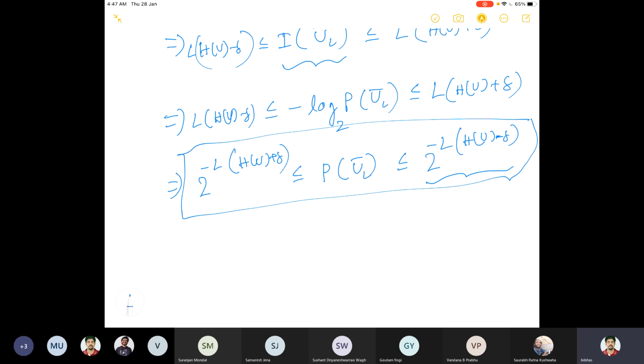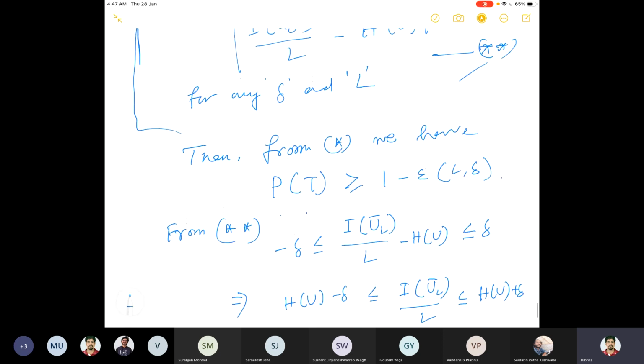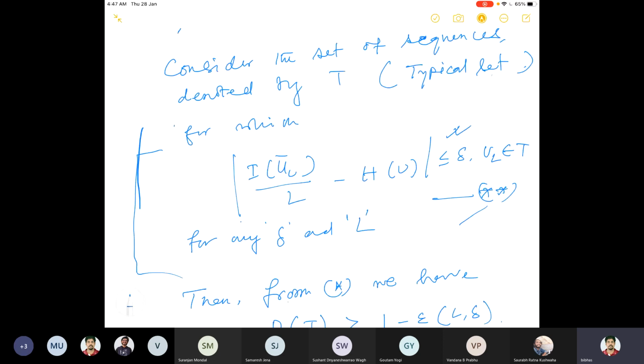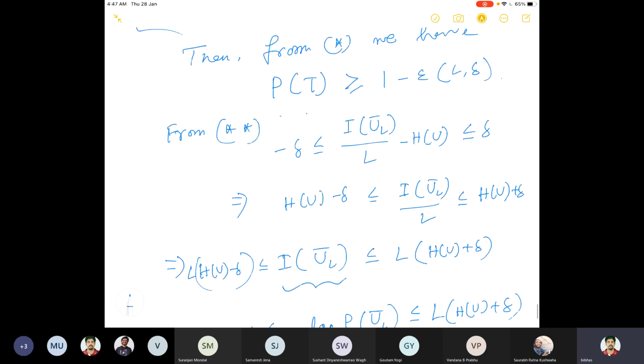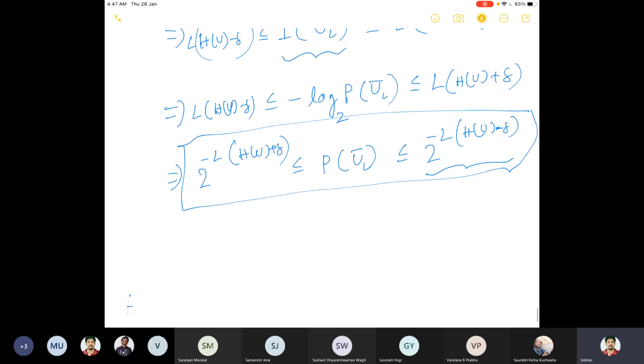So now we started with only a set of sequences of source letters, which is called the typical set, whose probability for each of these sequences lies between this and this. If that is the case, we also want to find out how many such sequences there could be. There are two important things here.